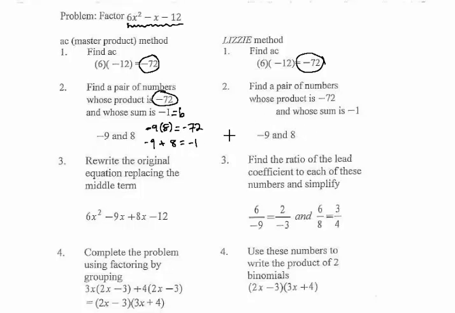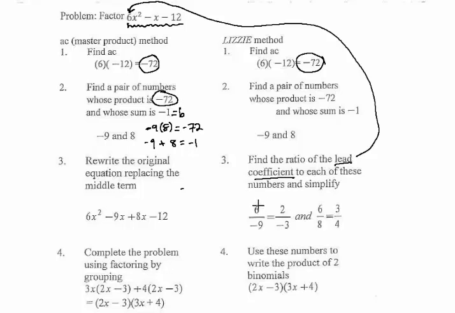So steps 1 and 2 are the same, but when we move into steps 3 and 4, there are definite differences. Step 3 of the Lizzie method says that we take the leading coefficient of the trinomial, which happens to be the coefficient of the x squared term, the 6.